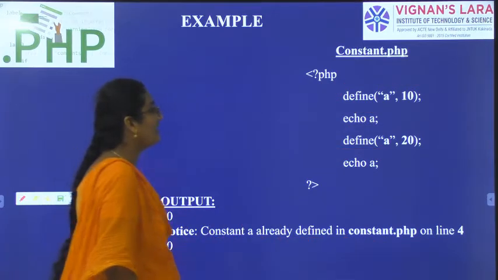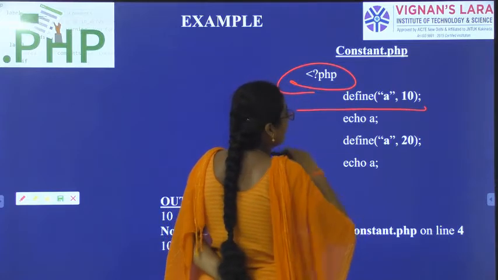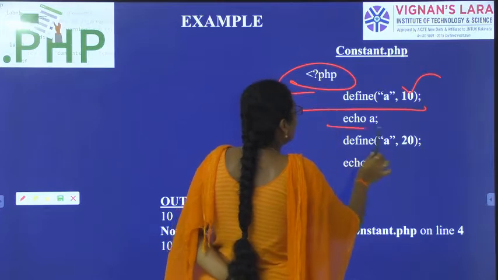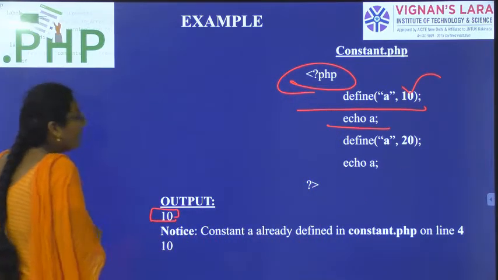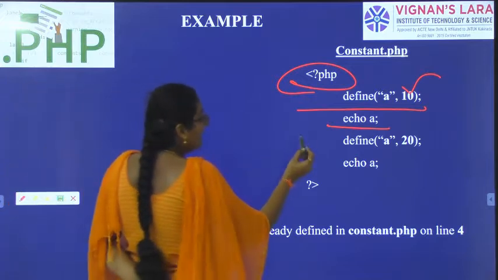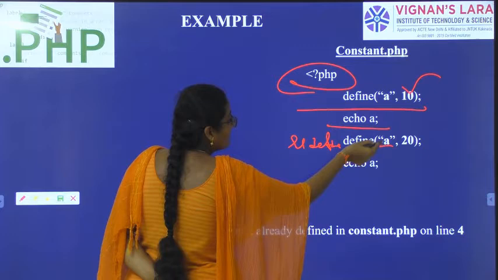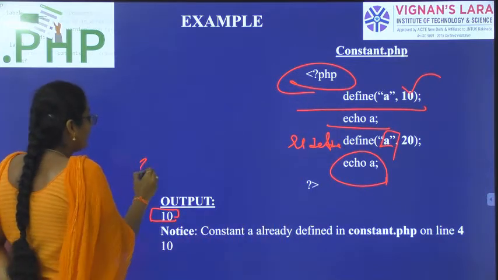So understand carefully. We have started the PHP program. We created the constant A. We have given the value for constant A. We are displaying constant A. That is in our output 10. But again, if you are redefining the same constant again, it cannot print the redefined value 20.